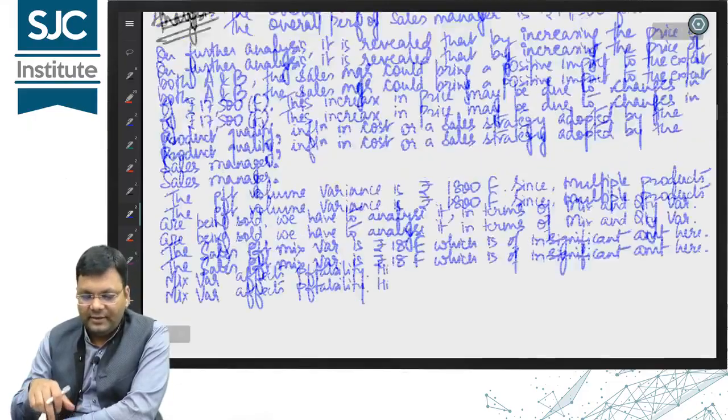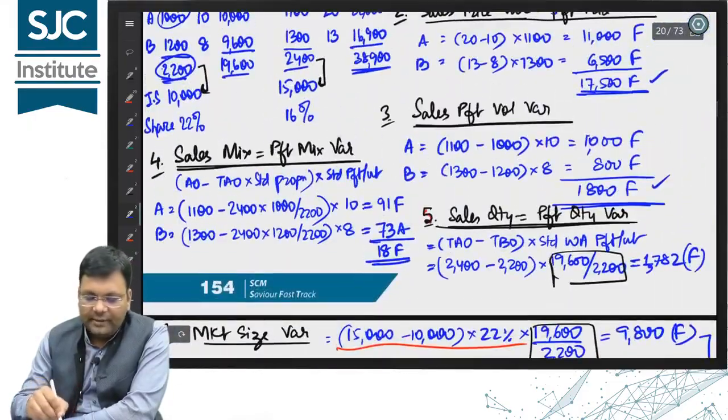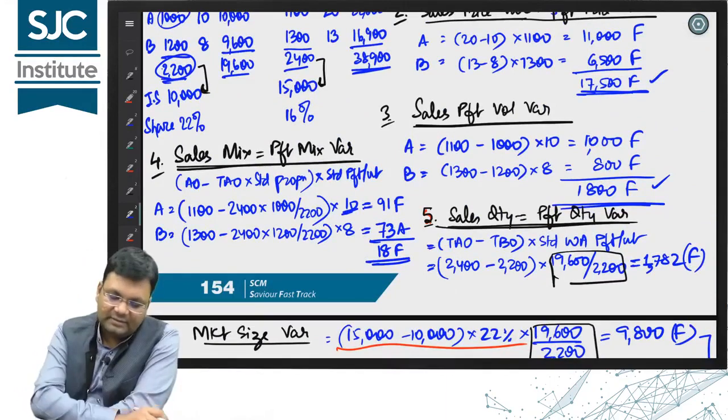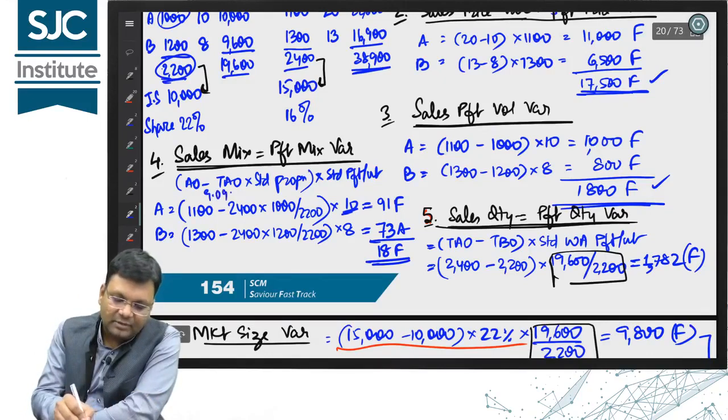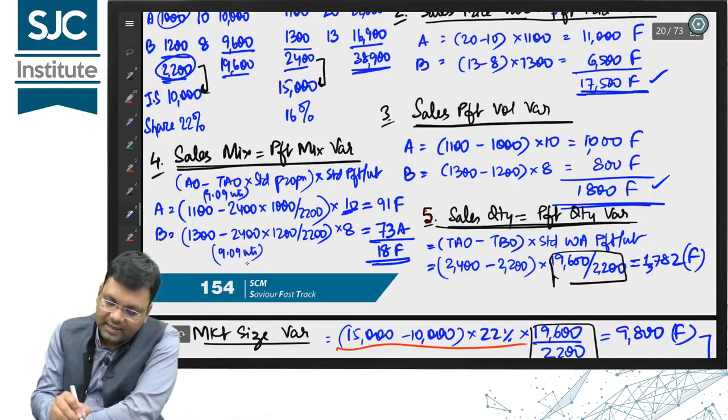For example, if you see here, which is more profitable, A or B? So answer is A is more profitable. So clearly, how many units difference is there in A? You see that there is 9.09 units difference in A, and in here B also 9.09 units difference is there, but this is an adverse situation, this is a favorable situation.